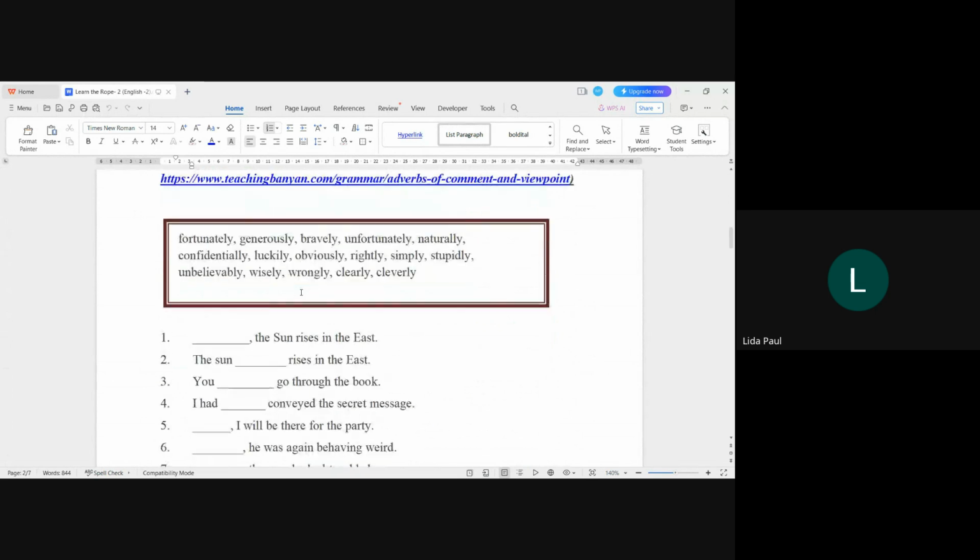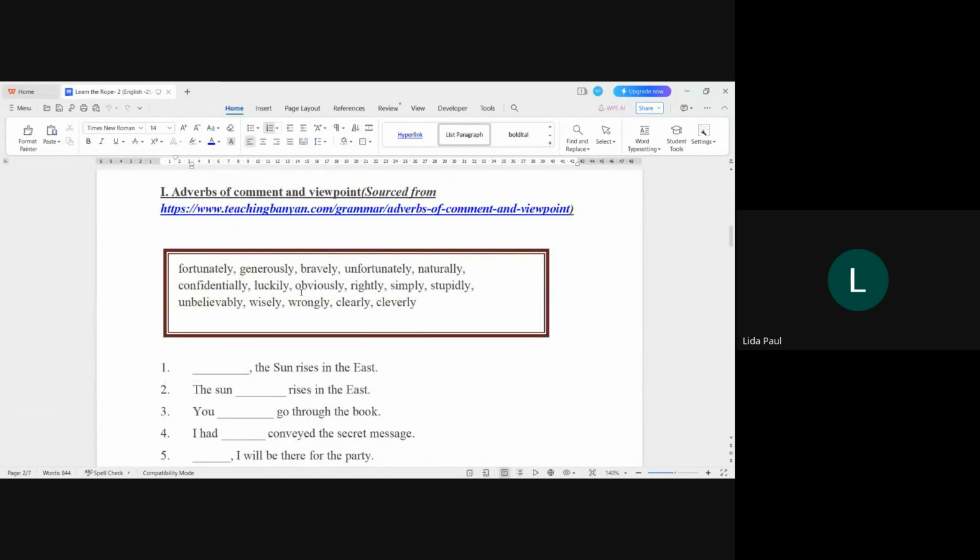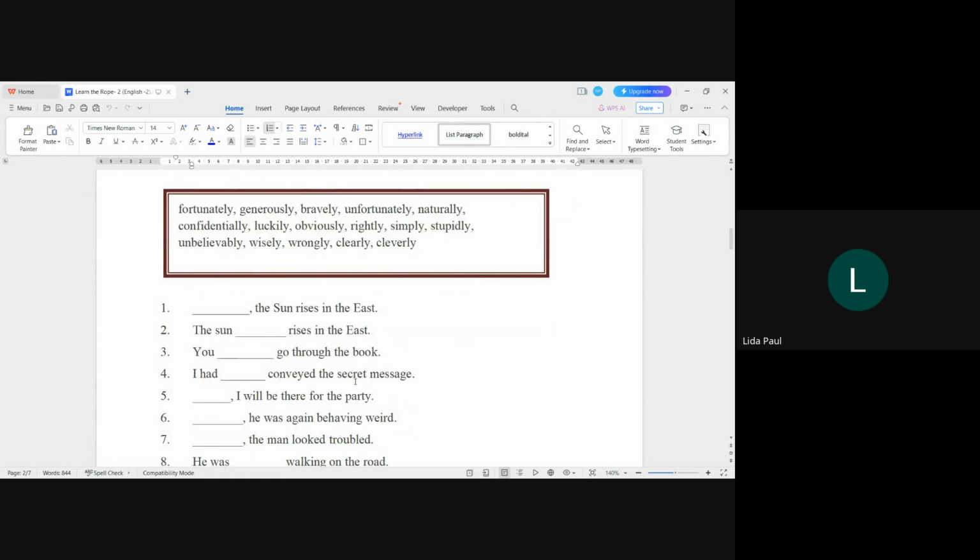Next we look at the questions on comment and viewpoint, at least a few of them. These documents are already uploaded, so for the other exercises that we have, you can access the document and do your practice. We'll do the first set here.